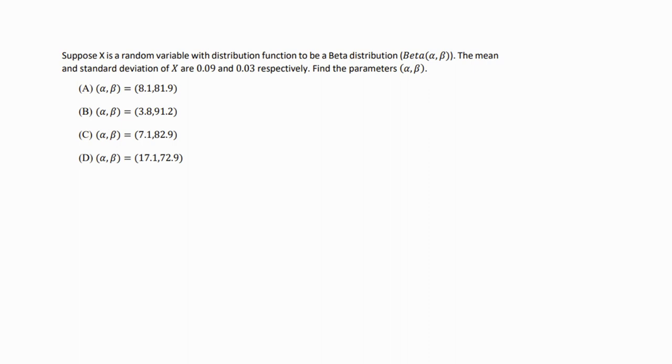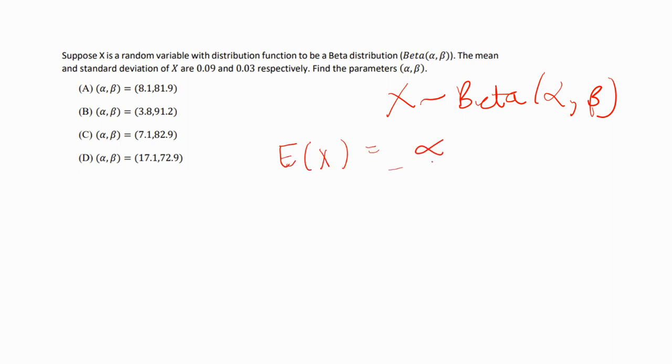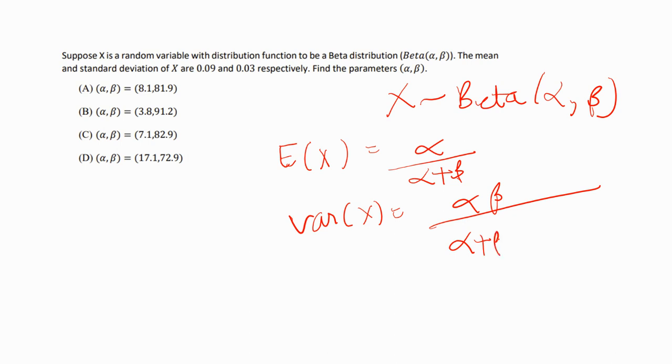So if x follows beta(alpha, beta), then its mean, the expectation of x, is given by alpha upon alpha plus beta, and its variance is given by alpha beta divided by (alpha plus beta) whole square times (alpha plus beta plus 1).